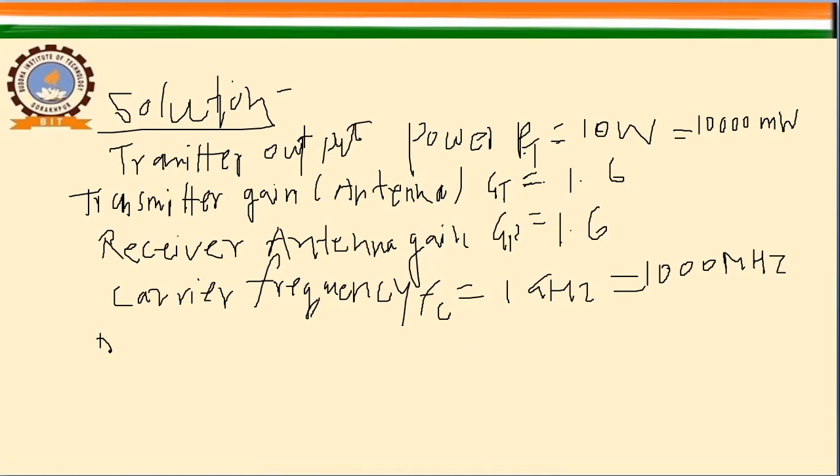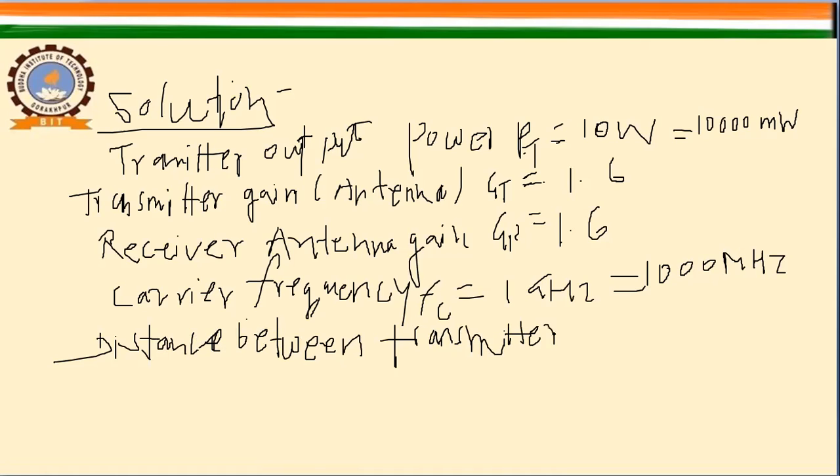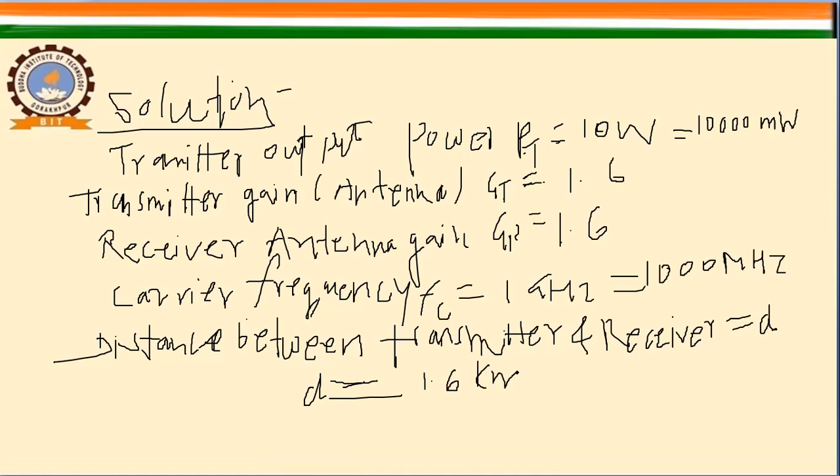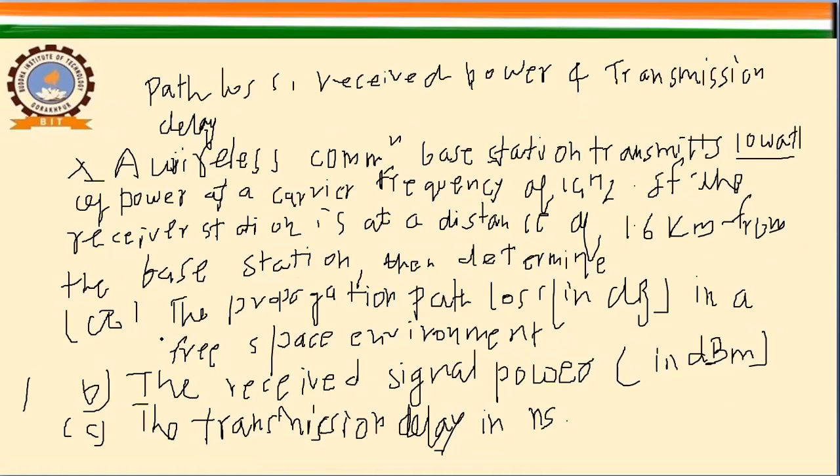And the separation distance between transmitter and receiver is given, that is small d, which is 1.6 kilometer. So calculate the propagation path loss in dB in a free space environment.